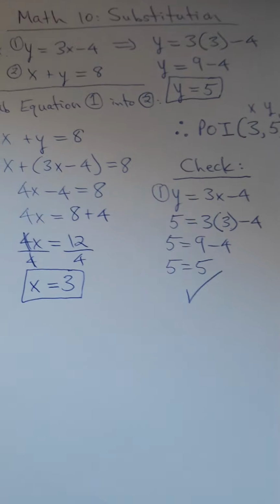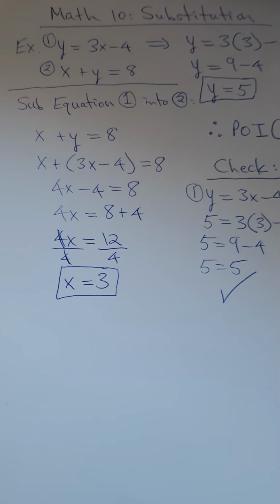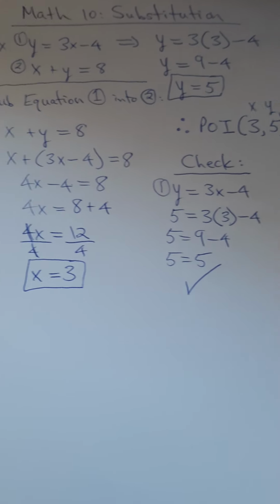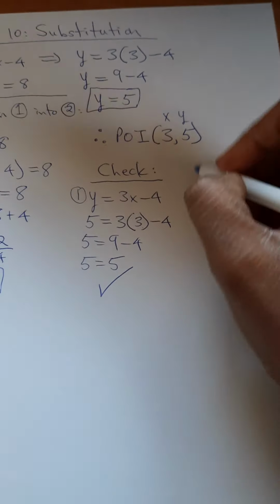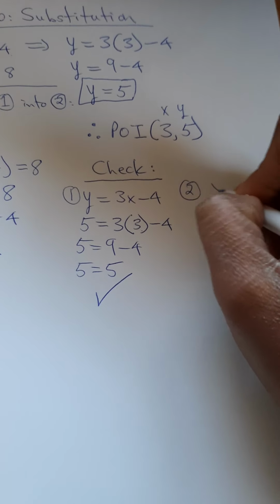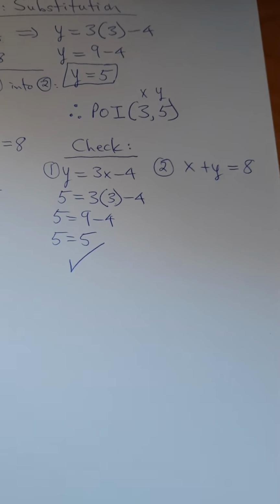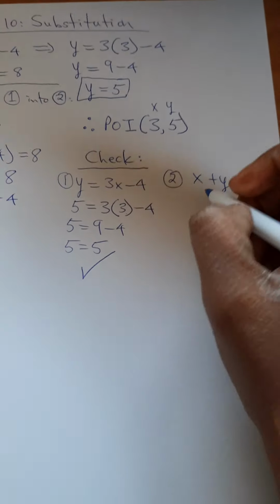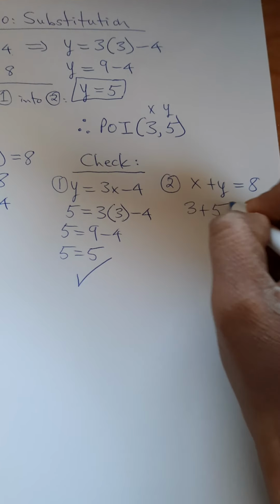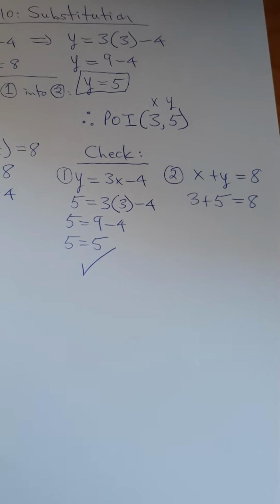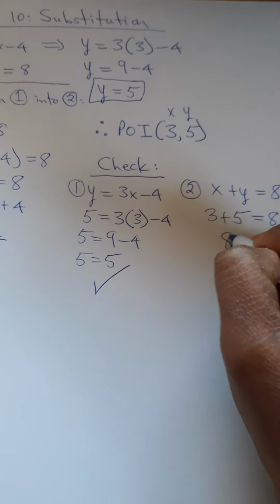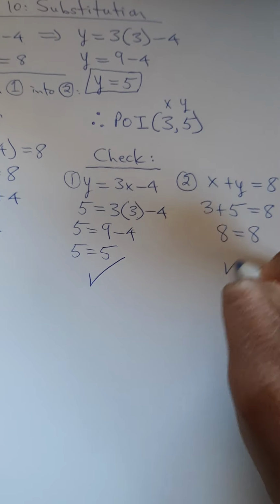Again, just because it satisfies the first equation does not mean I have the correct answer. What I have to do is sub it into my second equation. So let's write it here. x plus y equals 8. The x is 3 and the y is 5. So I'm doing 3 plus 5, which is equal to 8. So 8 is equal to 8.